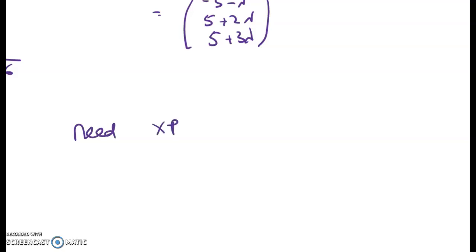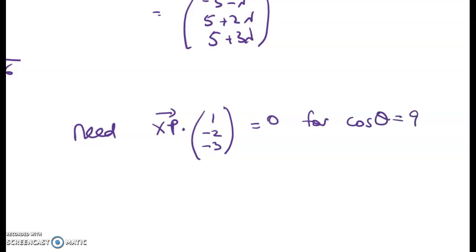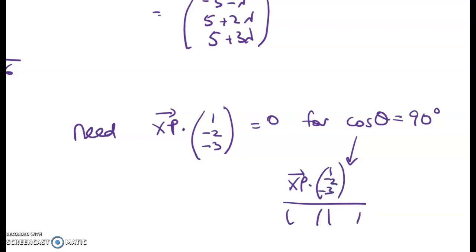So what we need is XP dotted with the direction vector (1, -2, -3) has to be equal to 0 for theta equal to 90 degrees. Because this thing here is XP dot (1, -2, -3) divided by the magnitudes, and it has to be 0. But we don't need to worry about the magnitudes, we just worry about the numerator.